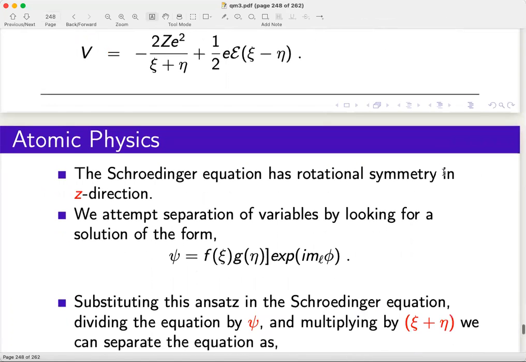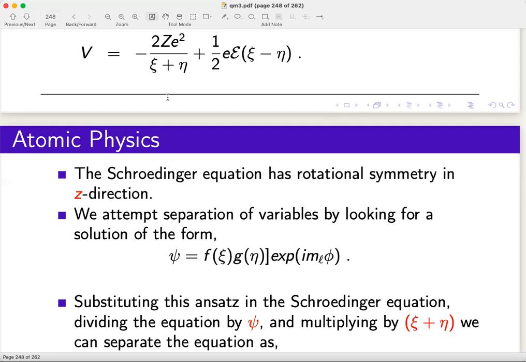The Schrodinger equation that we would write down would still have a rotation symmetry about the z-axis. If you rotate about the z-axis, the radial part of the potential is invariant under that, and the z-axis itself doesn't rotate, and therefore the z part would also be invariant.